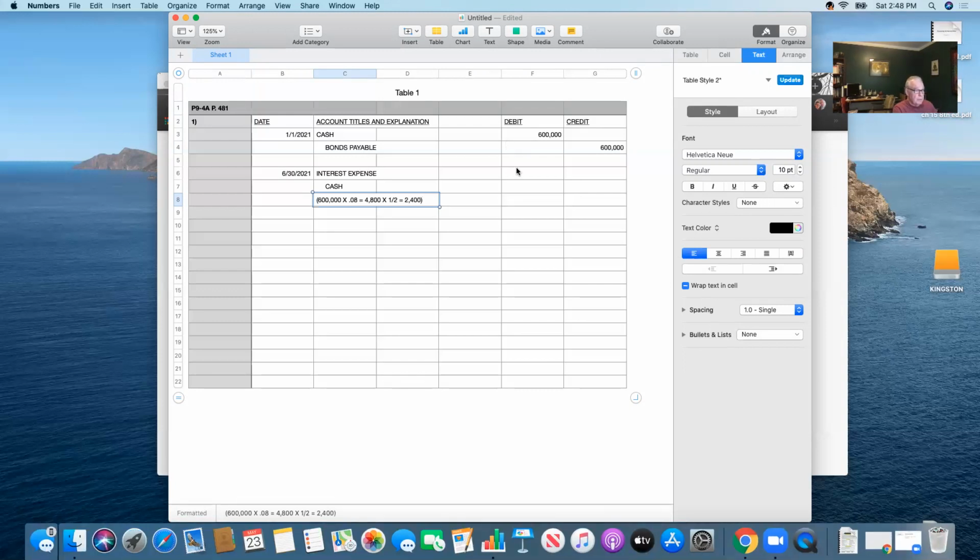So we debit interest expense and credit cash $2,400.